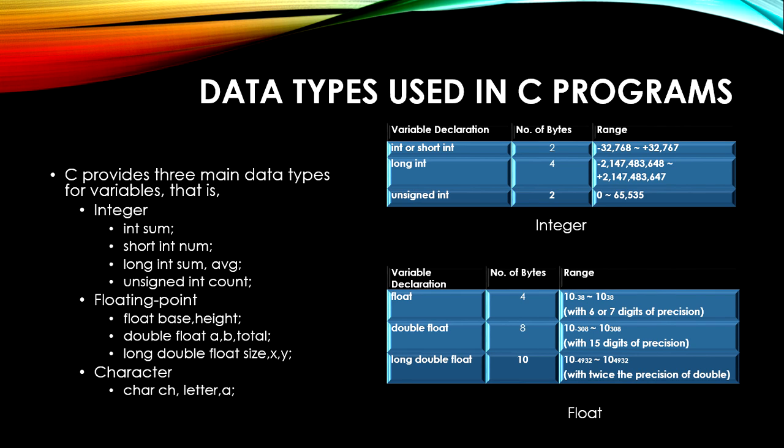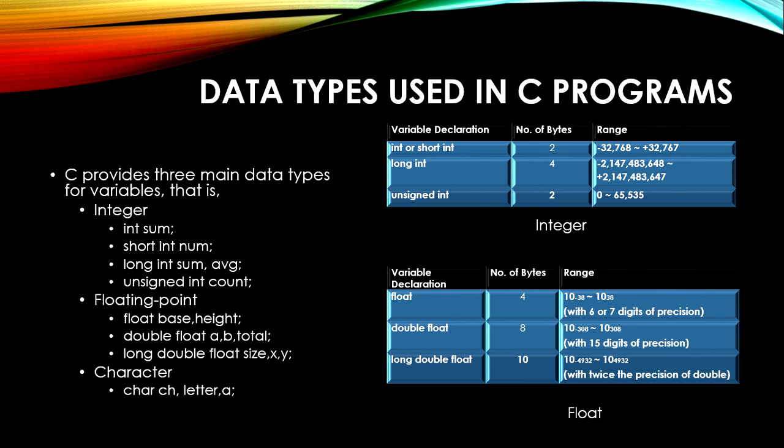Declaration of integer variables begins with these three types: short, long, unsigned. Now in the table, the number of bytes used by an integer or short integer is 2, and the range is also defined, and the long integer uses 4 bytes and the unsigned integer uses 2 bytes.